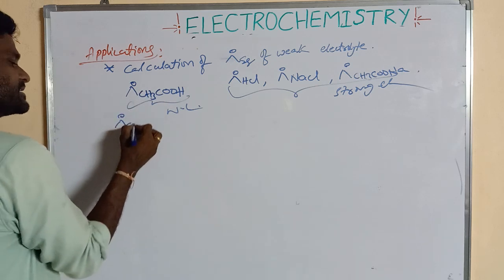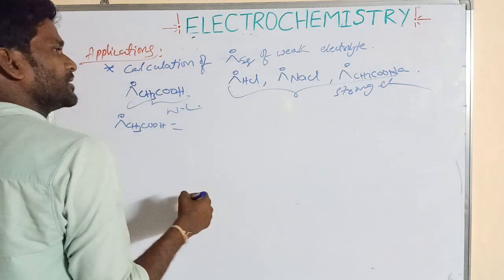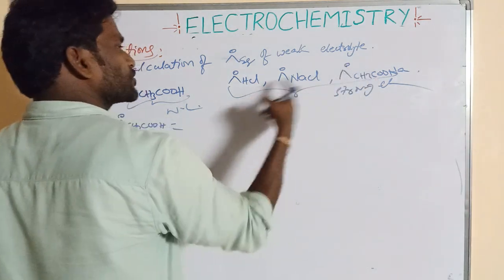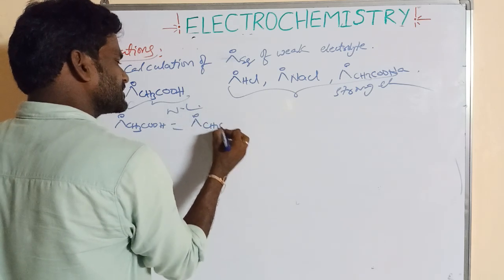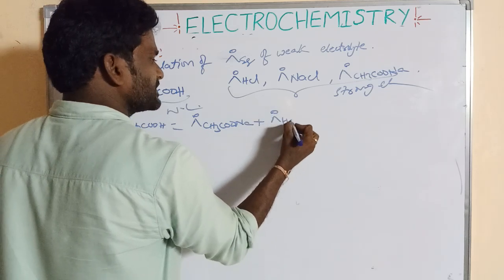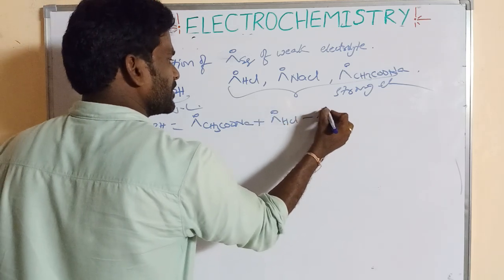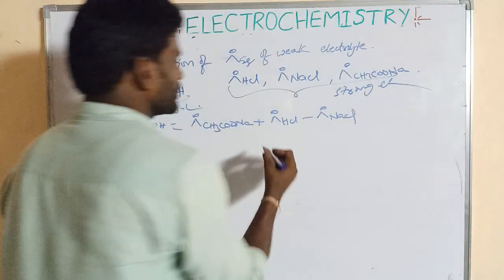So λ° CH3COOH is equal to λ° CH3COONa plus λ° HCl minus λ° NaCl. So finally we get this value. How?